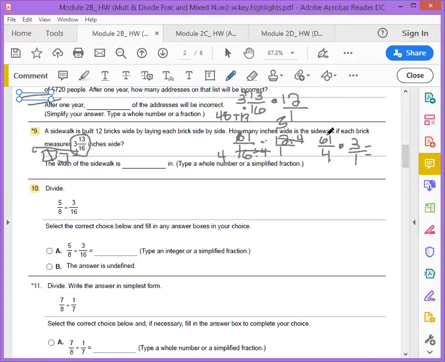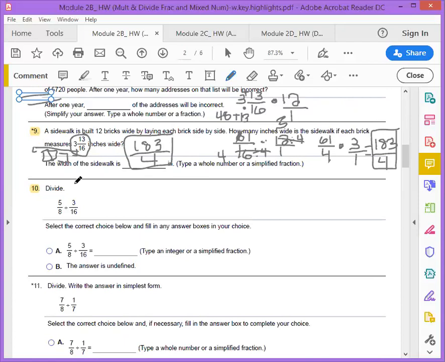We'll multiply the numerator times the numerator, so 61 times 3, which gives us 183. Divided by 4 times 1 in the denominator becomes 4. All right, and that's our answer, 183 divided by 4.